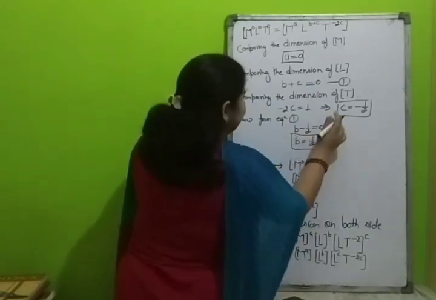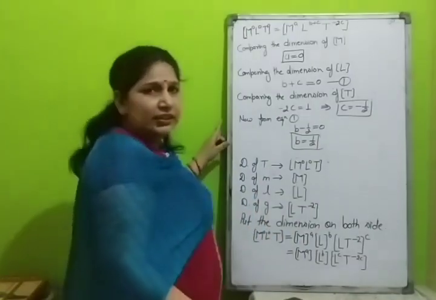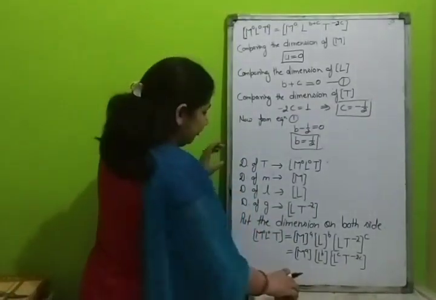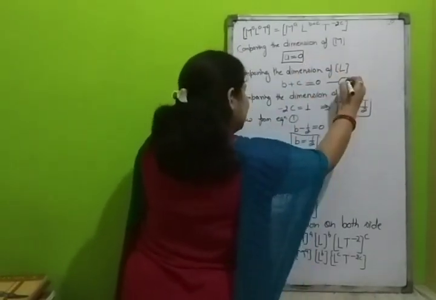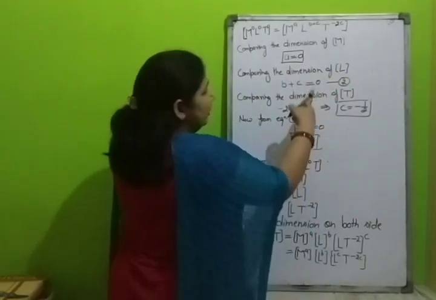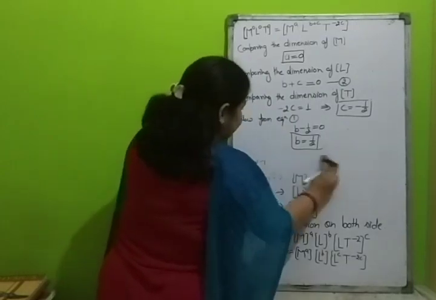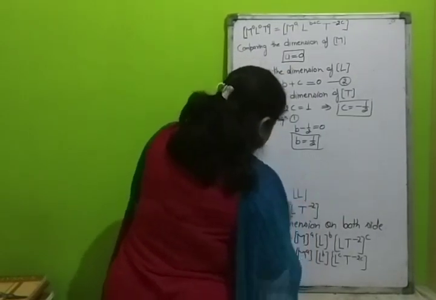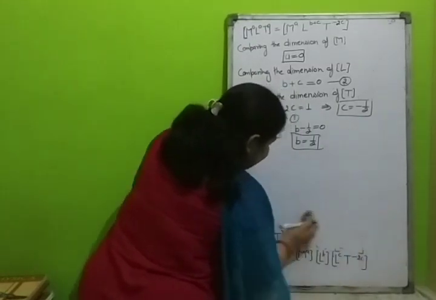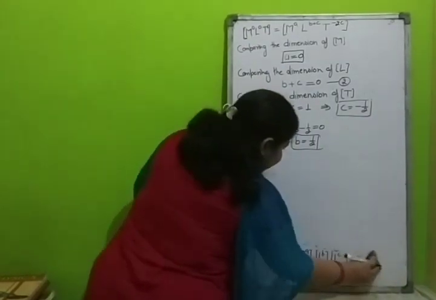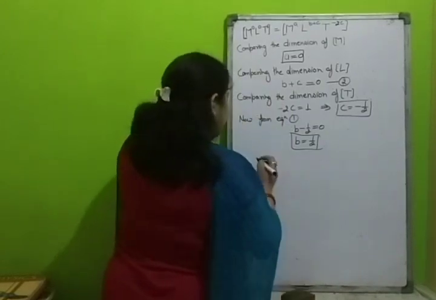Now we have all three powers, which means all three dimensions. Put the values of a, b, c in equation 1. What do we have in equation 1?